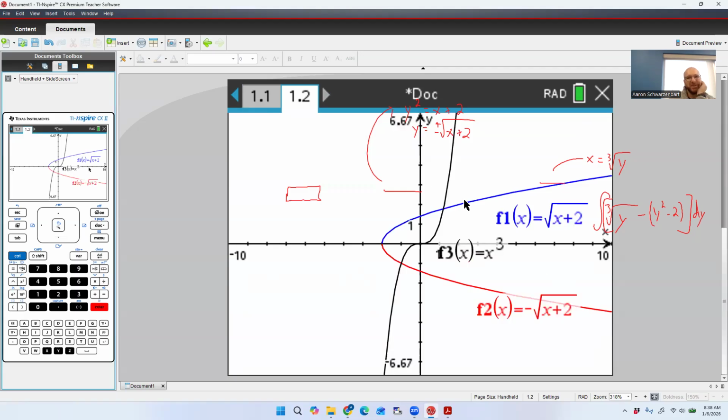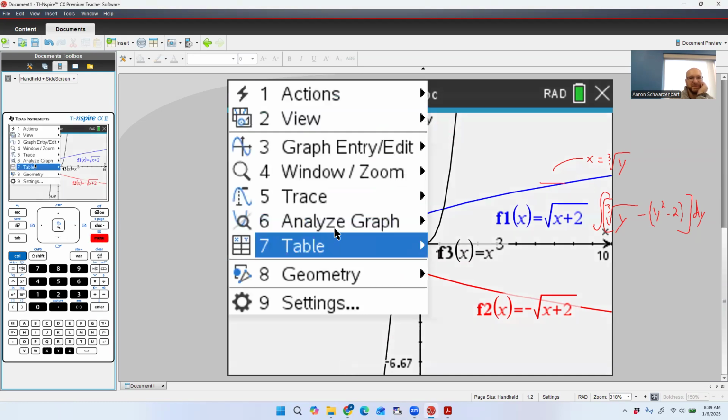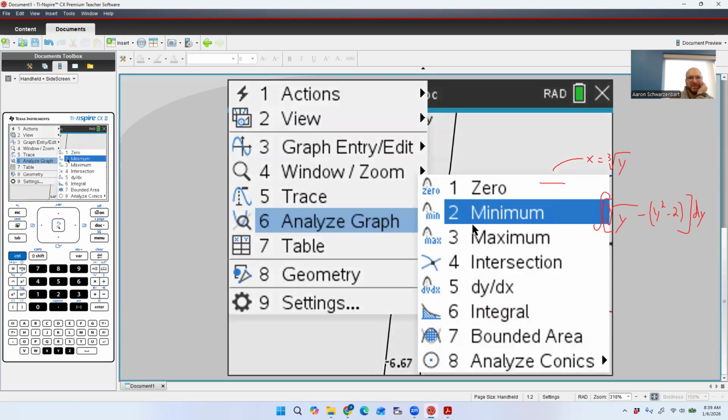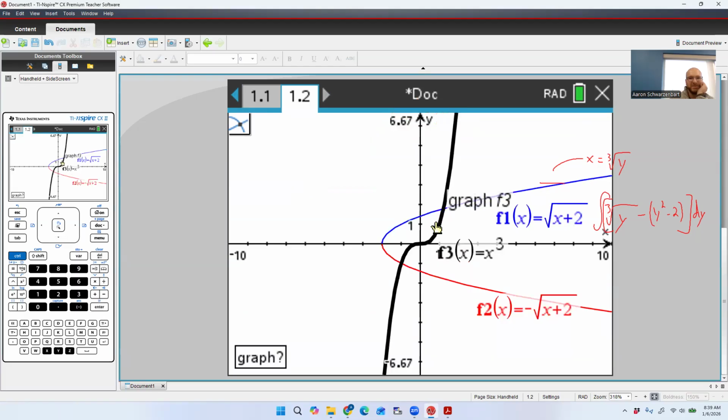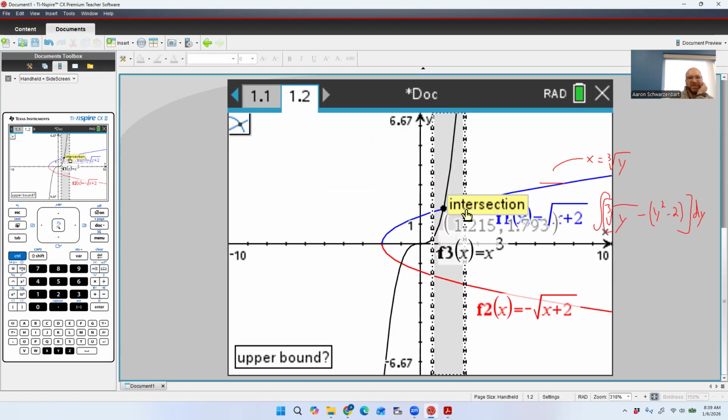Okay. So now I've got all 3 of them graphed. So, you can go Menu, analyze graph. So I actually have to select which 2 graphs I'm looking for the intersection on now.